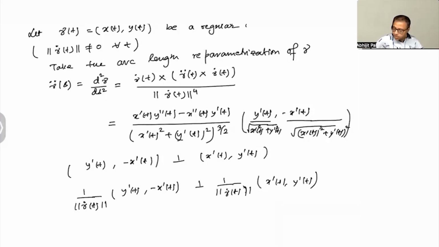So this is the normal vector N(t), and we got the tangent vector, and the normal vector is perpendicular to this tangent vector.